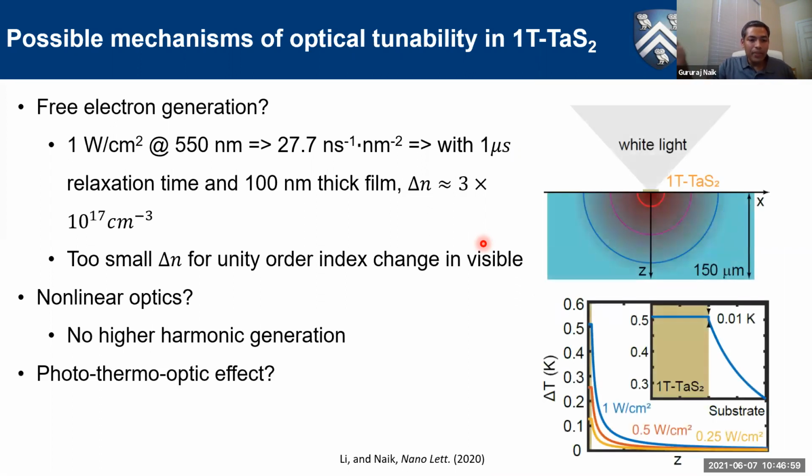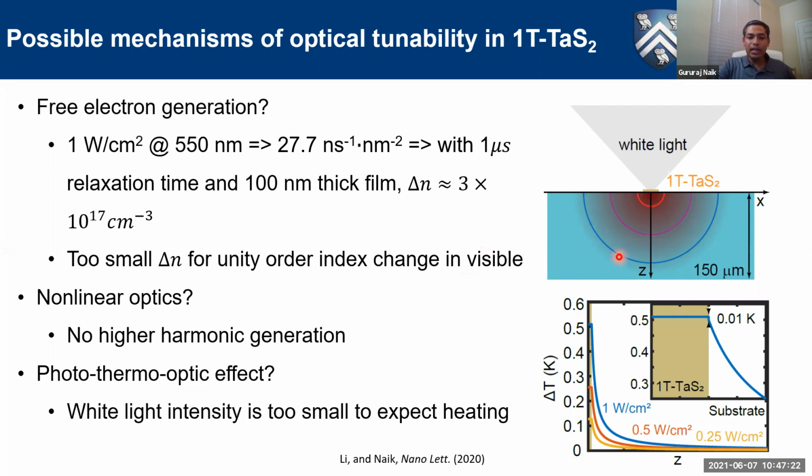It was also not photothermal, and hence not the thermo-optic effect, that is, light causing heating in the sample and heating changing the optical constants. With white light, we saw that we cannot have a temperature change beyond 0.5 degrees centigrade, even with the most lenient calculations or parameters in this model. So that cannot be the reason.